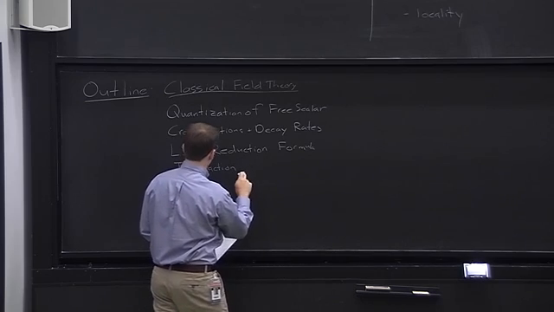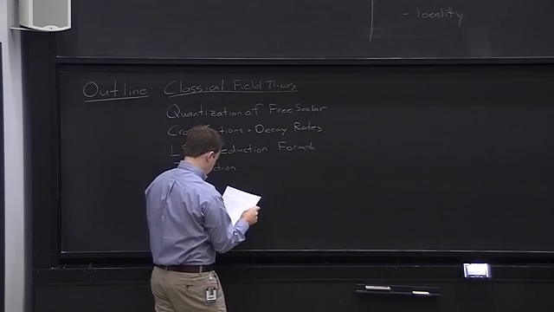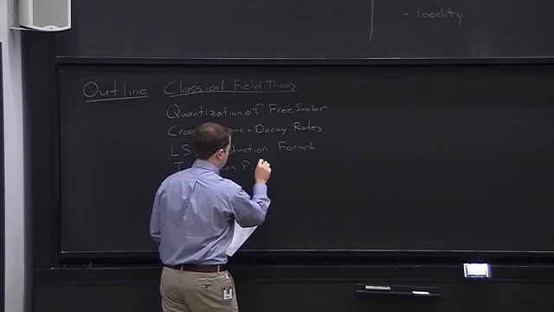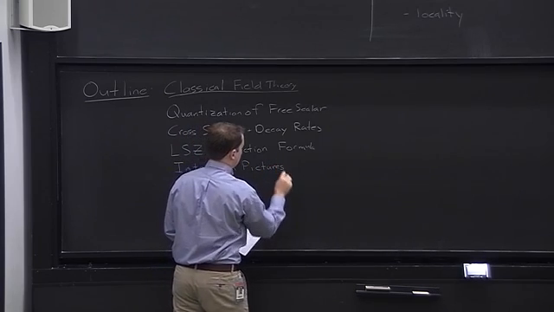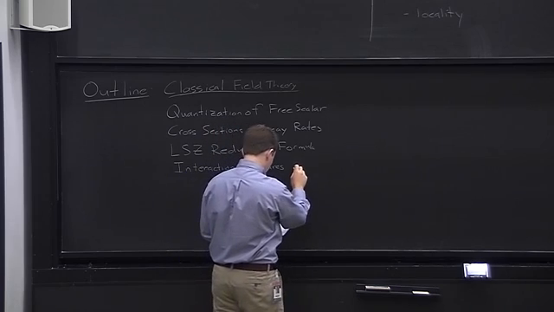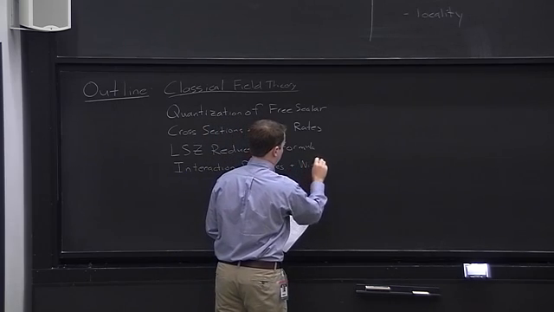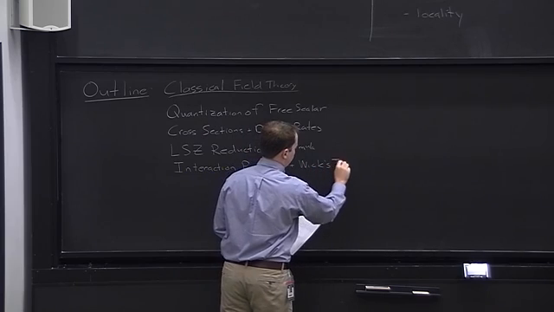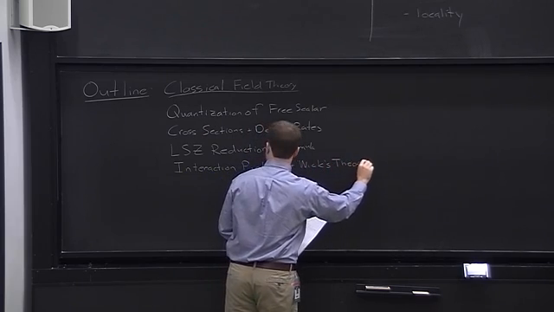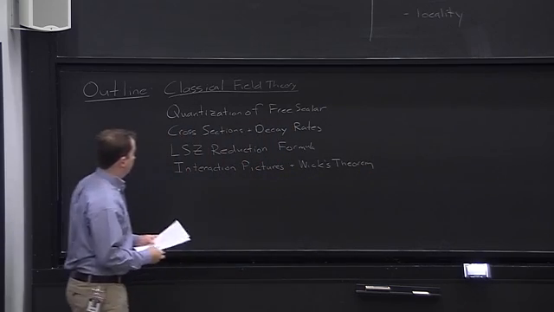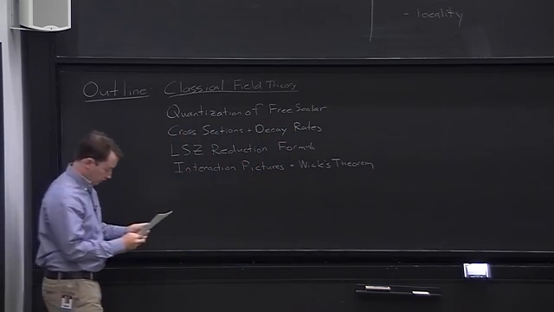And so by the 5th lecture, we will be able to compute cross sections and decay rates in interacting field theories, and we'll do that by relating our interacting field theories to free field theories, which is the subject of tomorrow's lecture.